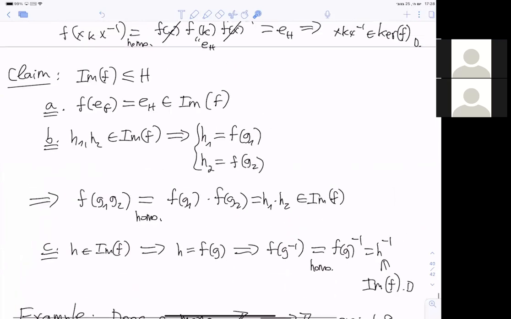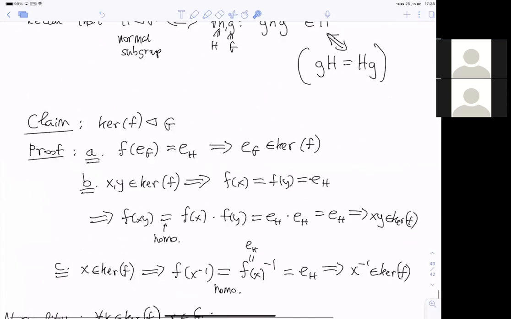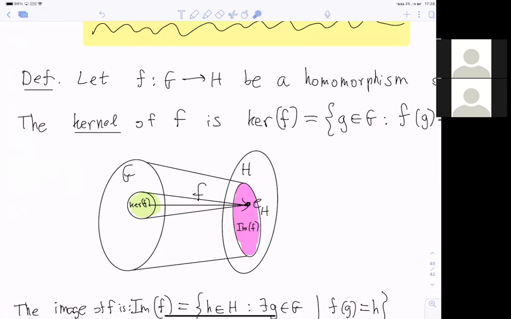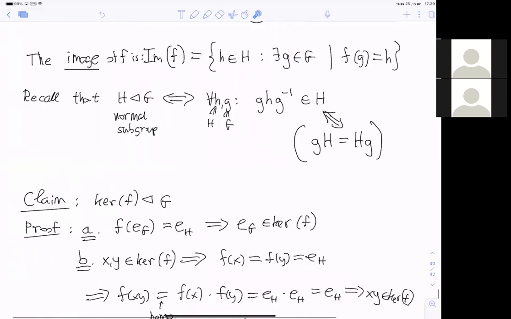No, of course it's in H. H is the target. It is defined as the target of f. We only want to see that this is a subgroup. So it's closed under multiplication. If you take two elements here, the multiplication also will be here. And if you take an element here, its inverse also will be here. Yes, so it must be in H. Yes.